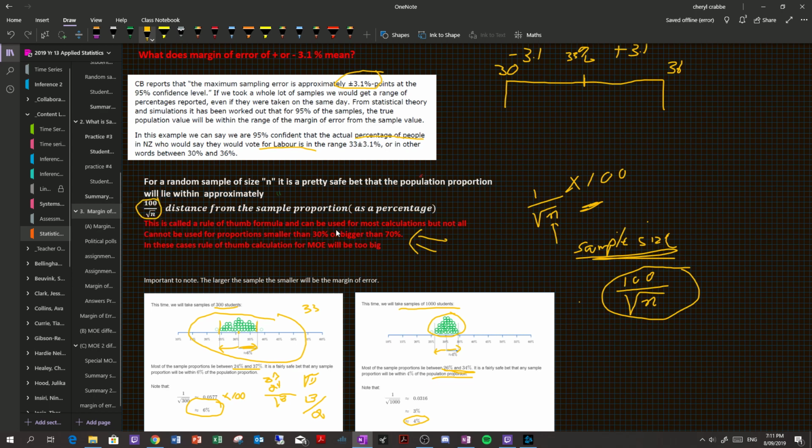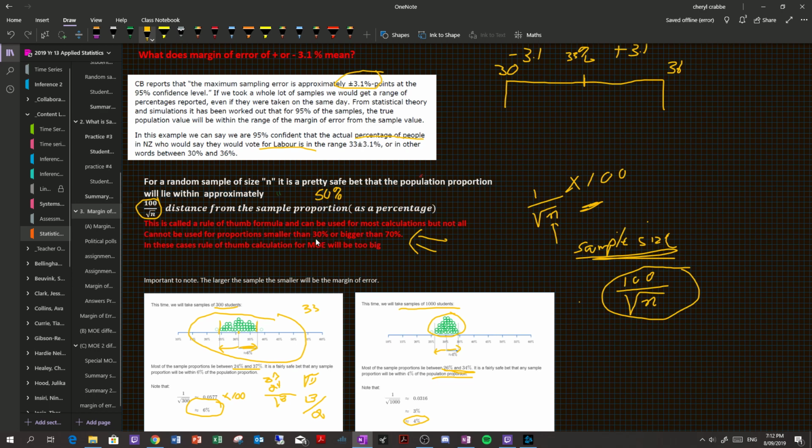Now, one note for margin of error in this rule of thumb formula that we use. It only works for proportions or percentages that are between 30% and 70%. We cannot use the rule of thumb for proportions or percentages that are less than 30% or higher than 70%, because the rule of thumb is based on the proportions falling somewhere around 50%. Anything between 30 and 70 is pretty close to that 50%, and it works out fine.